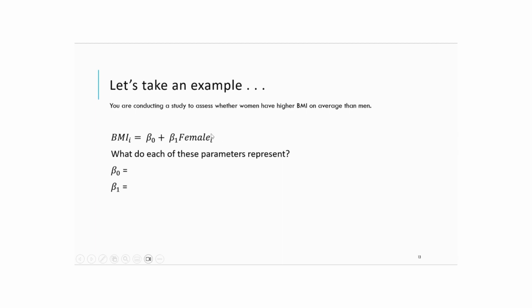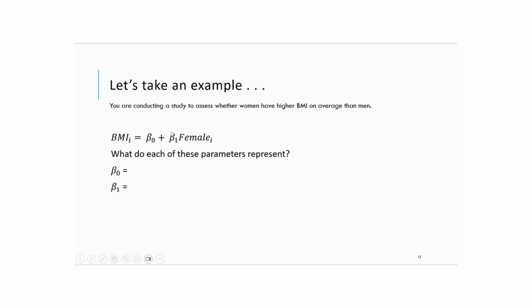Well, if you said that as your answer, the answer is not correct. Because this is beta 1 for female, your beta 0 is the average BMI of everybody who is not female. So you have this average BMI for everybody who's not female, which is the average BMI for men.